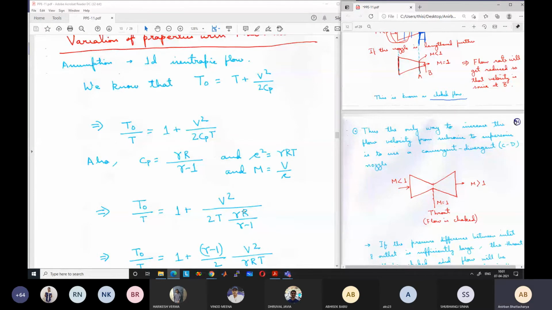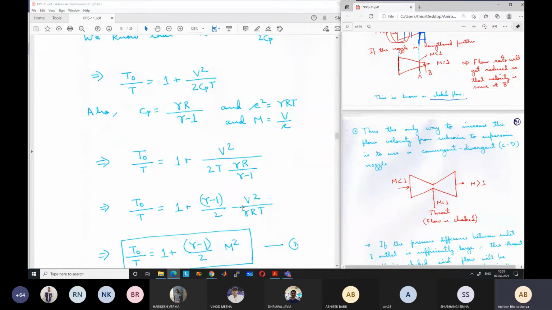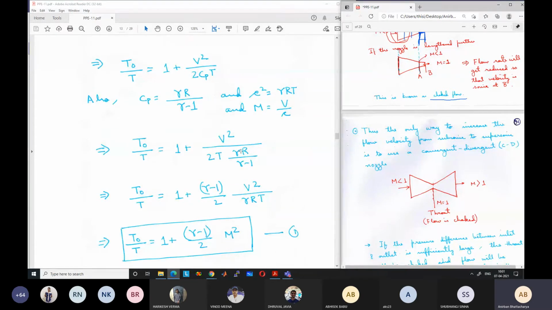Gamma minus 1 can be taken out to the other side. Or you can take gamma minus 1 and 2 both outside. So, gamma minus 1 by 2 V square by C square. Okay. So, T0 by T is 1 plus gamma minus 1 by 2 V square by C square, which is nothing but M square. So, T0 by T is equal to 1 plus gamma minus 1 by 2 M square.